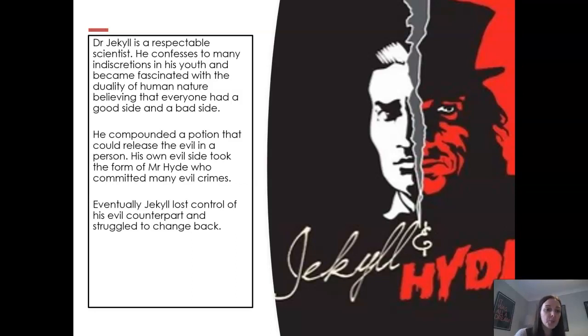So Dr. Jekyll creates a potion, and the potion is to release the evil within a person. However, his own evil side took the form of Mr. Hyde and commits many evil crimes. Eventually, Dr. Jekyll lost control of his evil counterpart and struggles to change back to his good self.